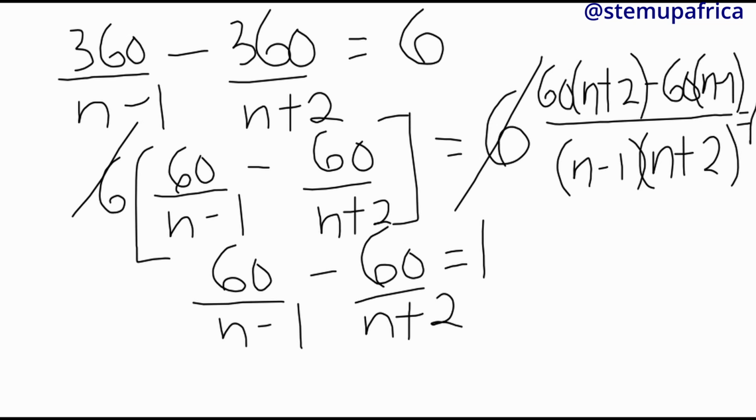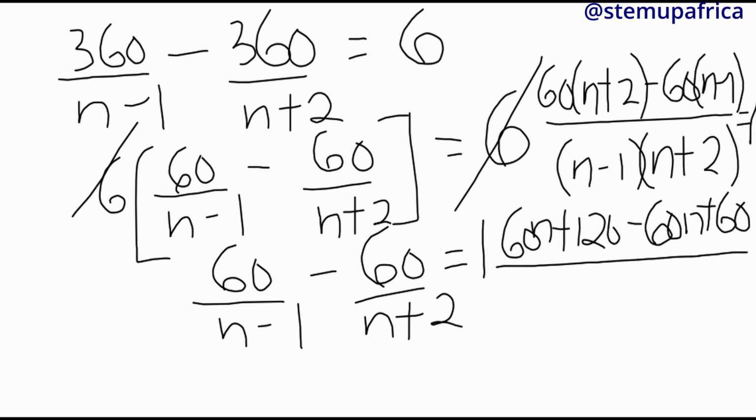If I expand the brackets, I'm going to have 60n plus 120 minus 60n plus 60, over (n-1)(n+2). The result is 1.